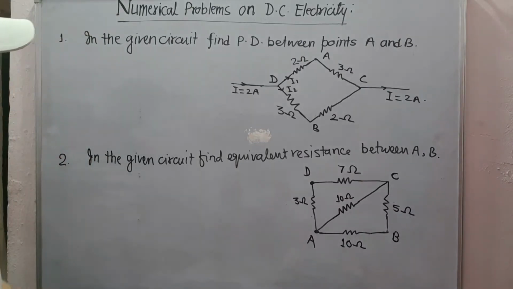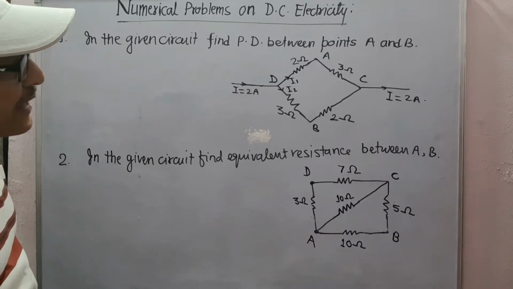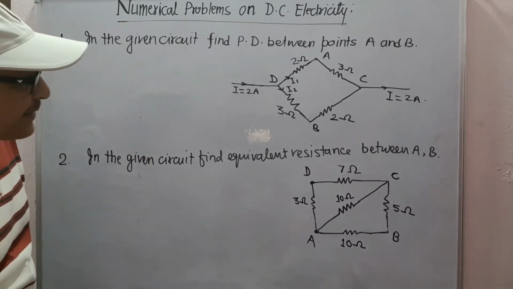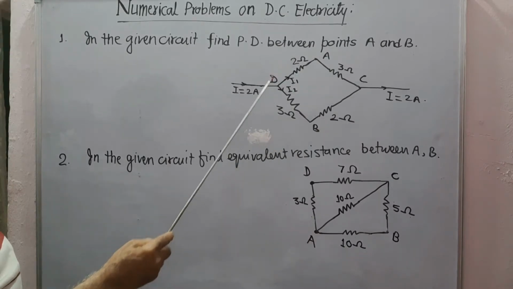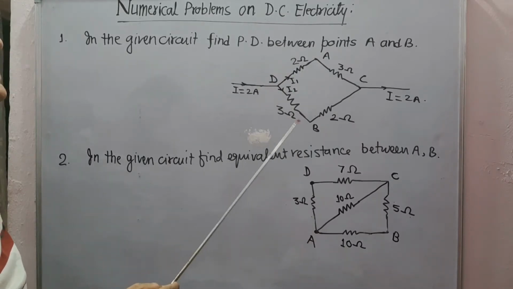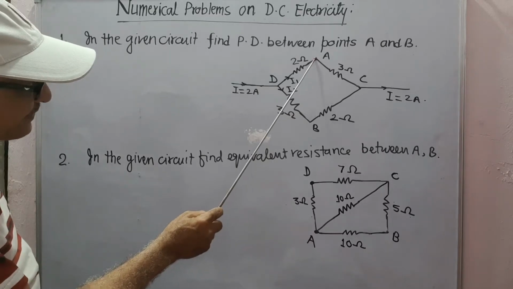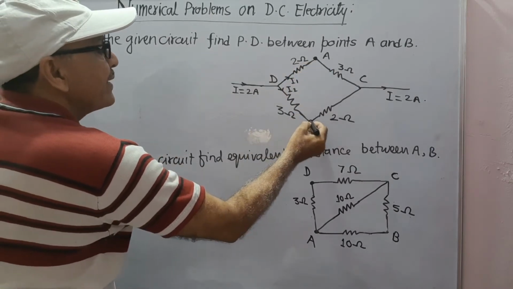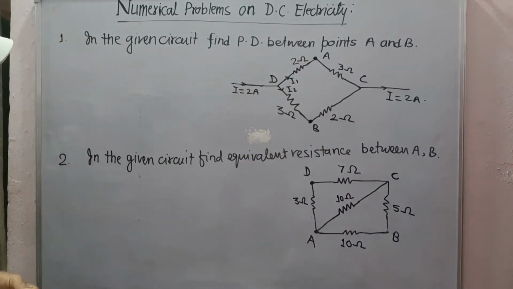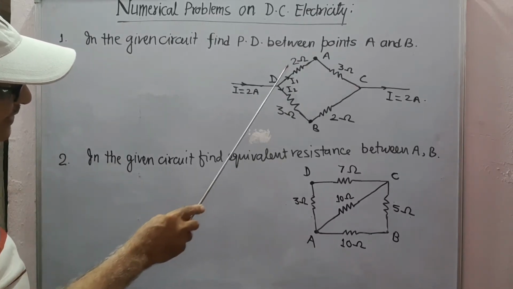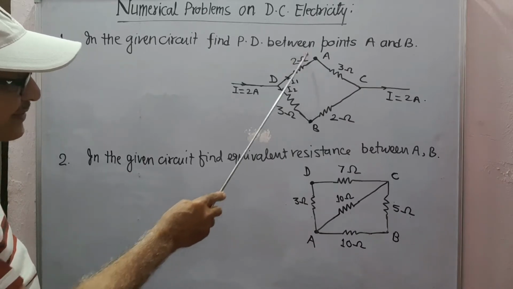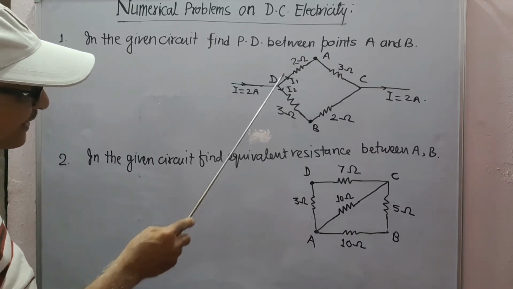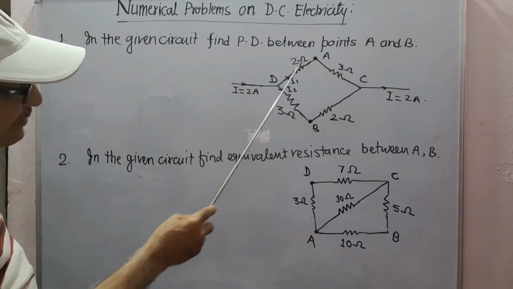First question: in the given circuit diagram, find the potential difference between points A and B. Here is the given electrical circuit, in which we have to find the potential difference between points A and B. Now, the upper branch has resistances 2 ohm and 3 ohm in series, so the resultant will be 5 ohm.